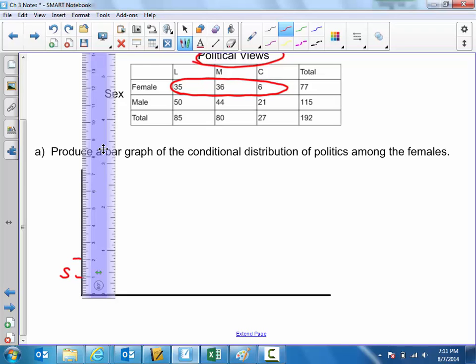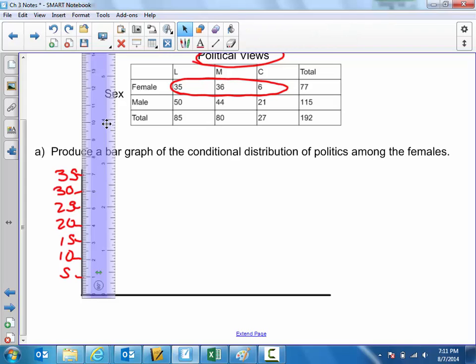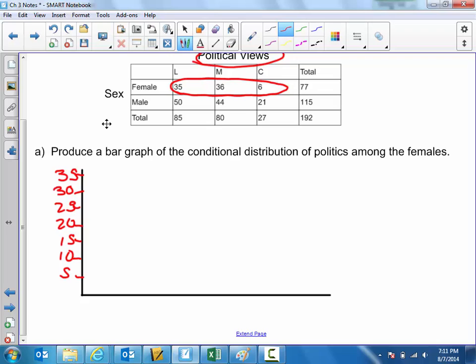I don't know what the units are on this, 7 centimeters or so. So if we just number those off, and those will be our 5s, we've got 5, 10, 15, 20, 25, 30, 35. Okay. Let me take away the ruler.